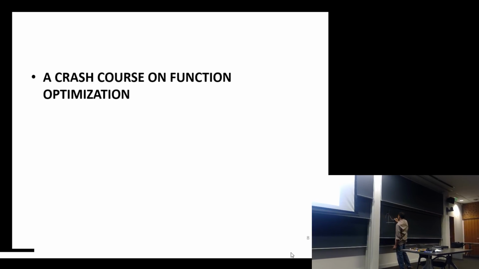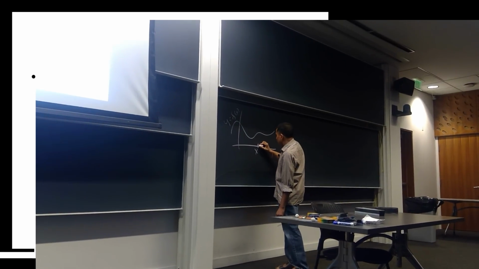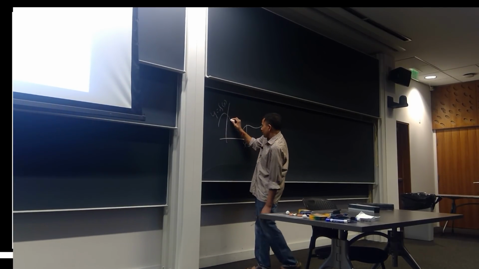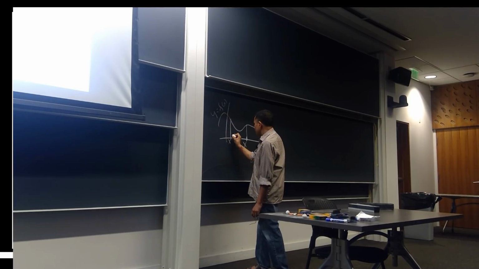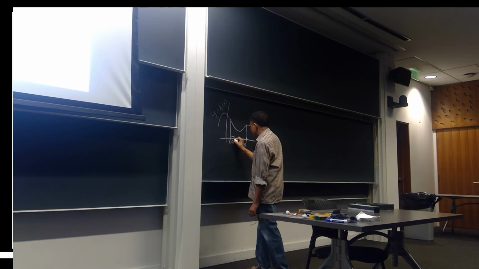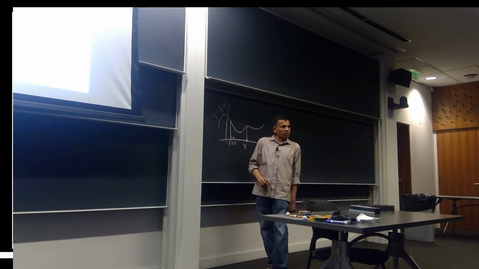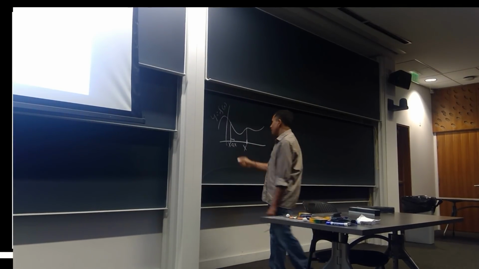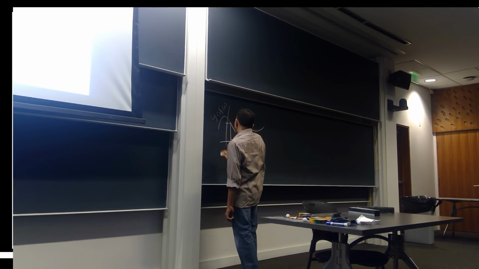So if I have any function, this is f of x, y equals f of x, and this is x, and if I'm at any point x currently, the question I would like to ask is how much would a small change delta x from my current location affect the value of the function? What kind of change would it cause in the value of the function itself?